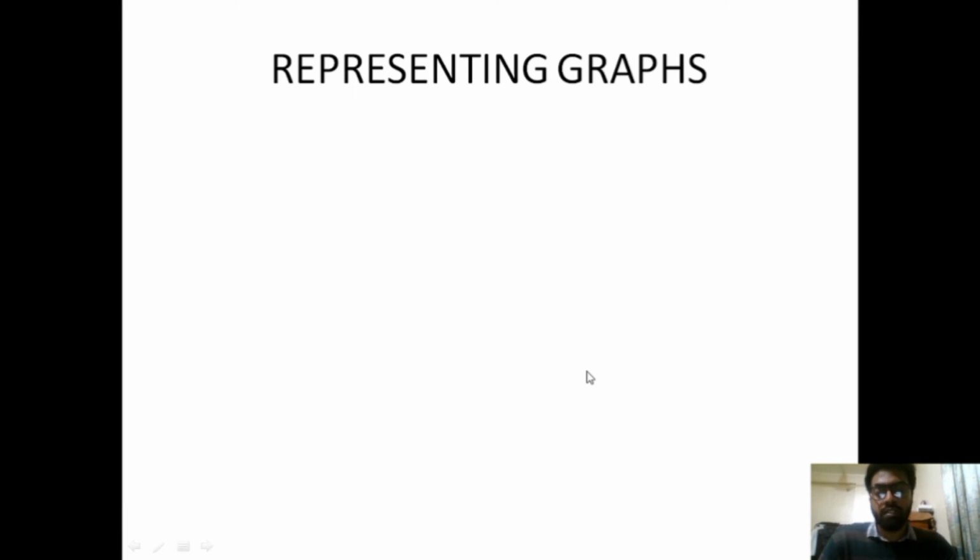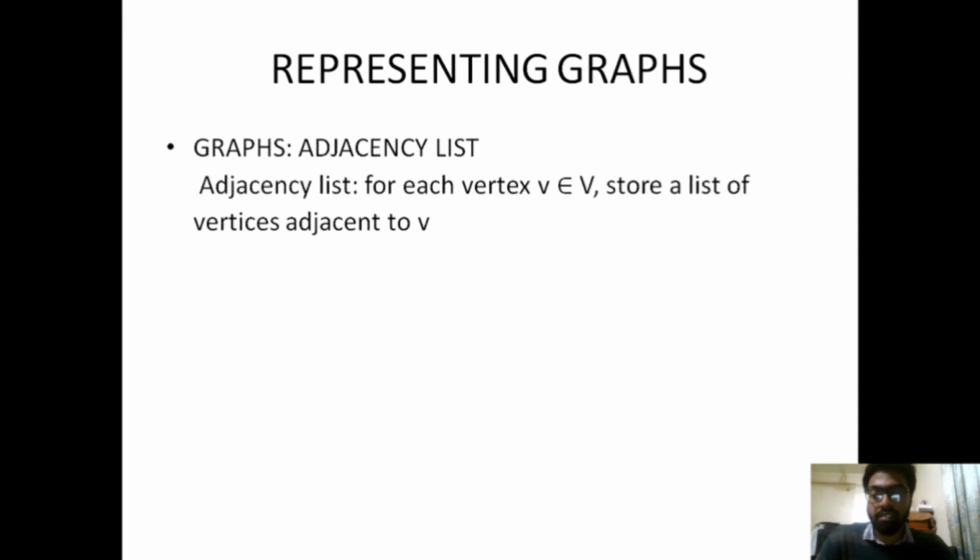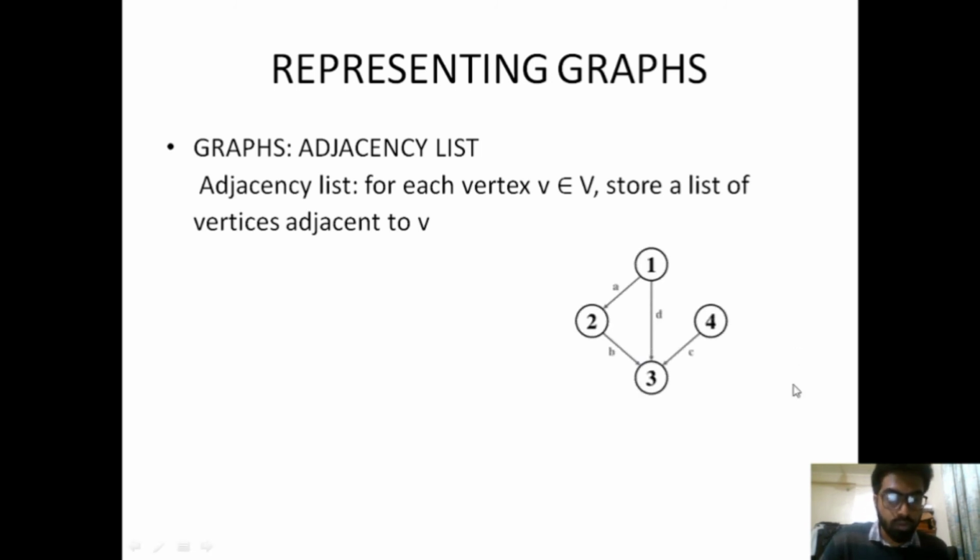We will discuss representing a graph by list which is known as adjacency list. So adjacency list represents a graph as a list. In adjacency list, every vertex has a list which contains the outgoing edges for that vertex. So you can see an example there of a graph which has 4 vertices.